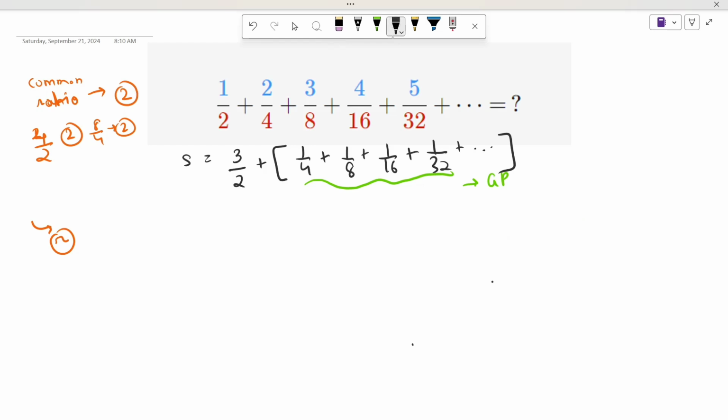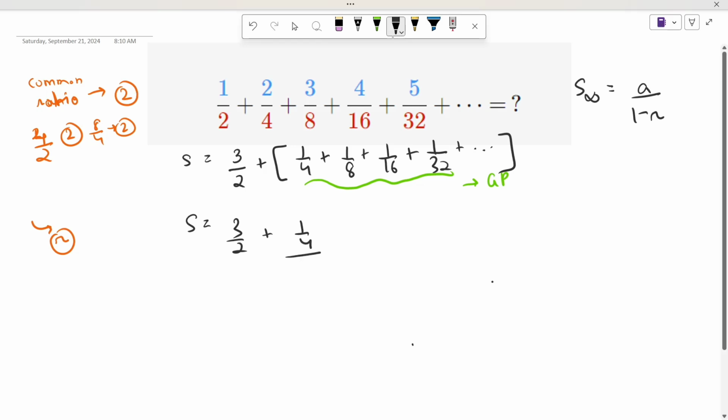So the sum would be 3 by 2 plus. Now what is the formula for an infinite geometric series? That is a upon 1 minus r. So a is 1 upon 4, divided by 1 minus r. What is r? You can calculate r by 1 upon 8 divided by 1 upon 4.